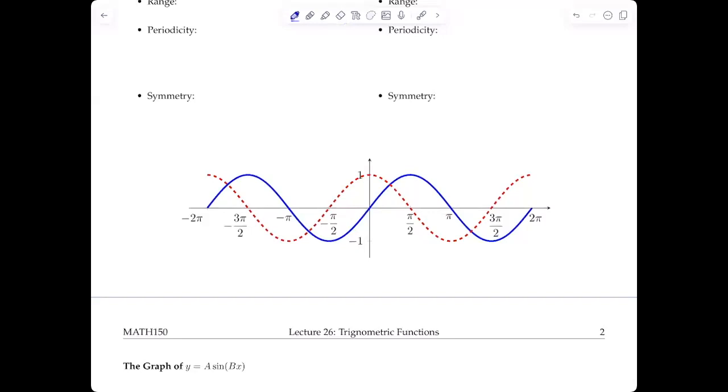So I want to annotate this one. Here, this is the function y equal to sine of theta, and this curve is y equal to cosine of theta. The horizontal axis in this case is the angle theta, and the vertical axis is the output, or the y-value.